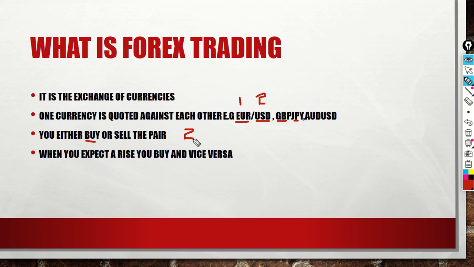When you expect a rise, you buy, and when you expect a decline or a decrease, you sell. That is vice versa. I want to buy something for $1 and sell it for $10. Why buy something for $5 and sell it for $1? That means you are having a loss in your statement. You are suffering a loss.